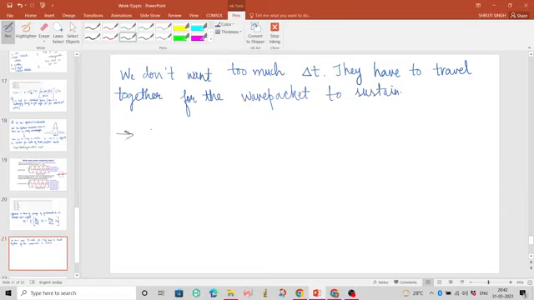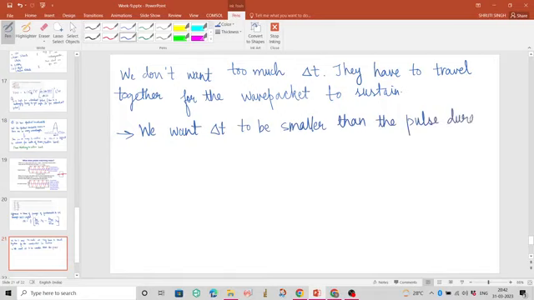That's why the question is asking about delta t being lesser than the pulse duration. So we want delta t smaller than the pulse duration. That is, the condition should be smaller than the pulse duration or almost equal to 0. Almost equal to 0 is the best.